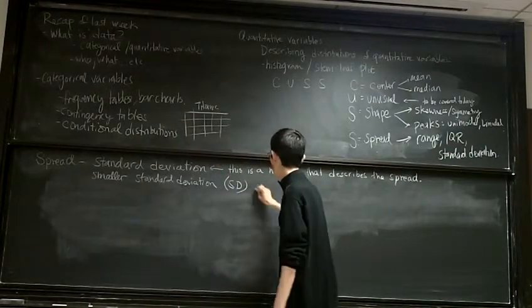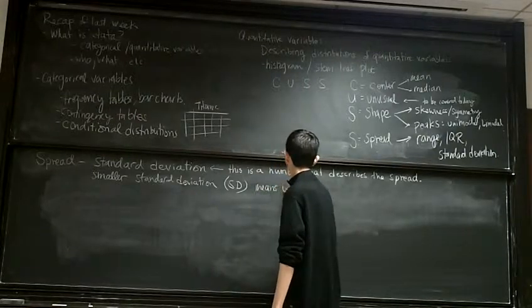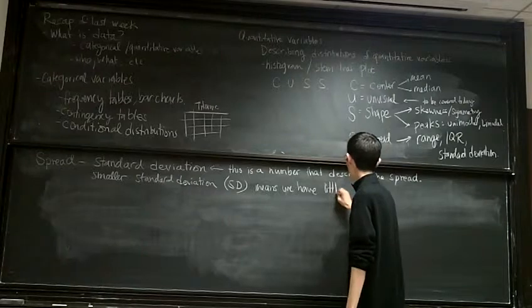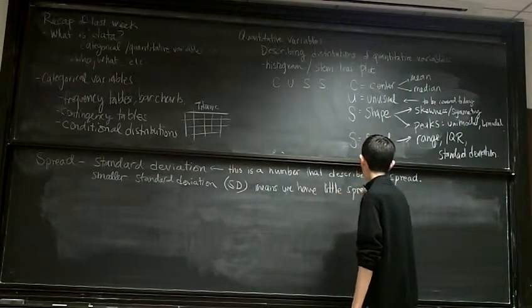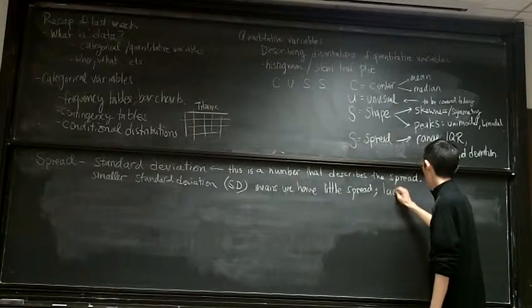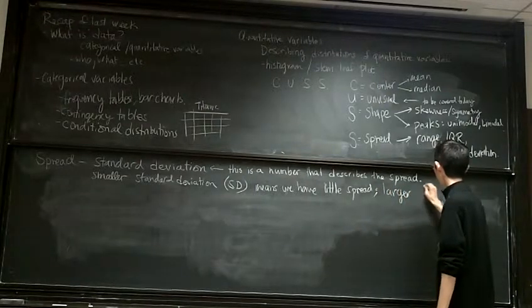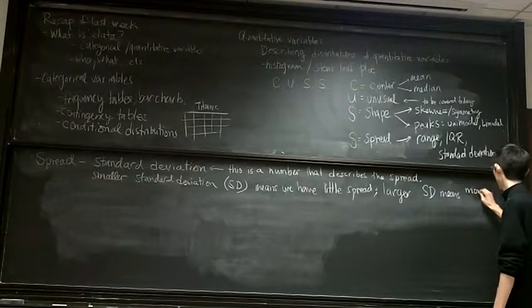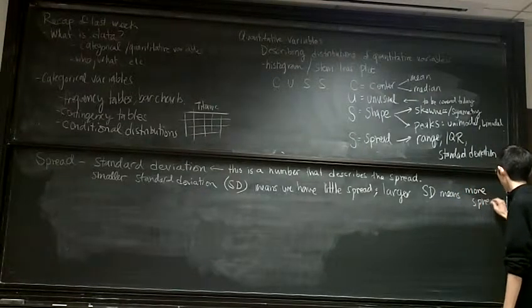A small SD means little spread, and on the other side, a larger SD means more spread.